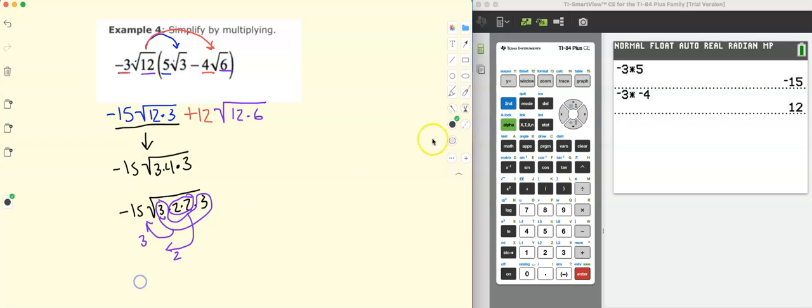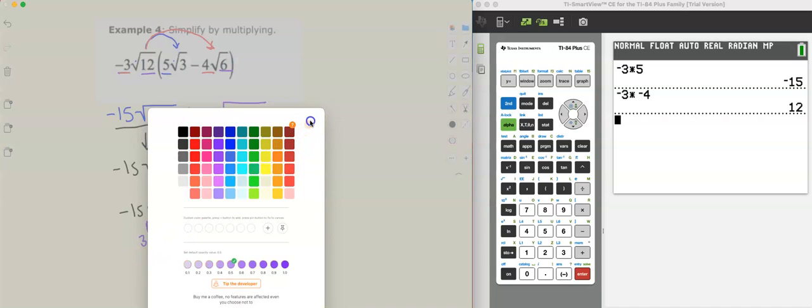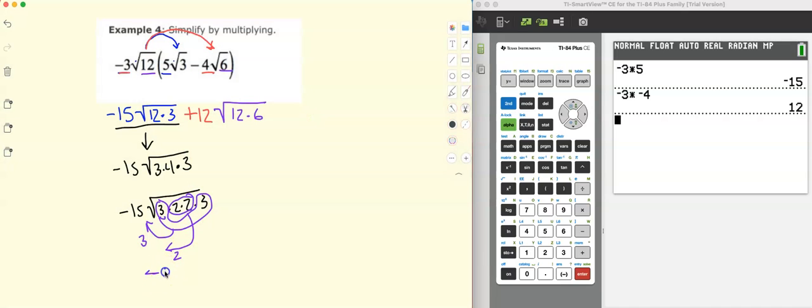You have a negative 15 times a positive 3 times a positive 2. If you don't know what that is, go to your calculator and multiply them.